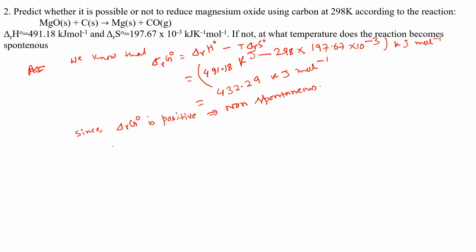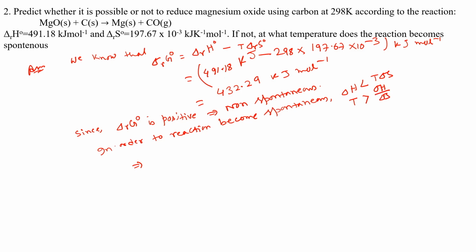Okay. So, in order for the reaction to become spontaneous, delta H has to be lower than T delta S, right. So, T has to be greater than delta H by delta S, right.